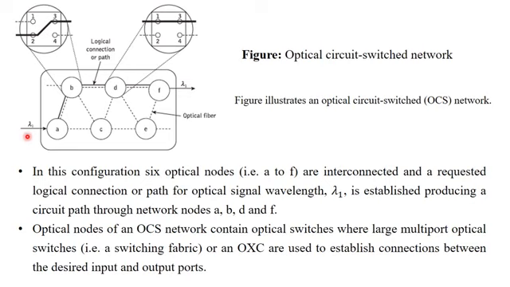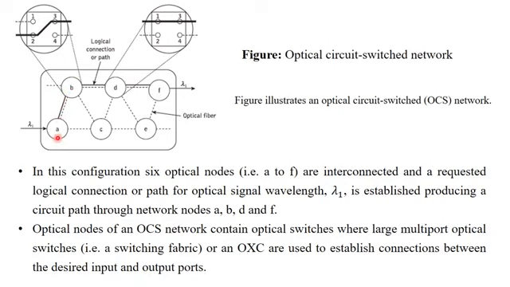The wavelength lambda 1 is the input to the node A, and it has established a logical dedicated link between A and F, via A then B then D then F, and finally we can observe the lambda 1 out of this network. The solid line being shown indicates a dedicated logical link between A and F.